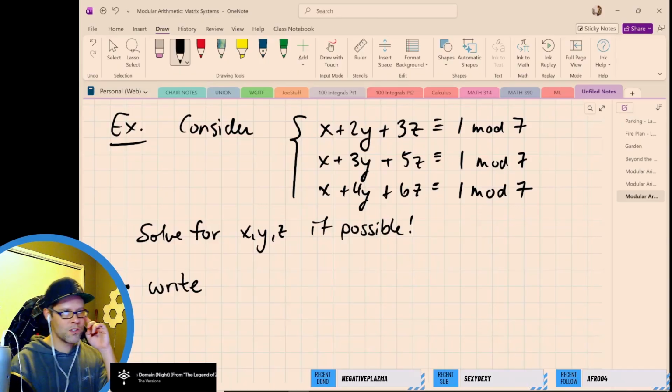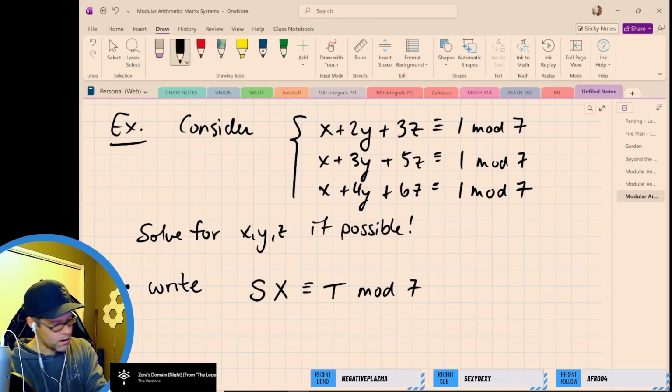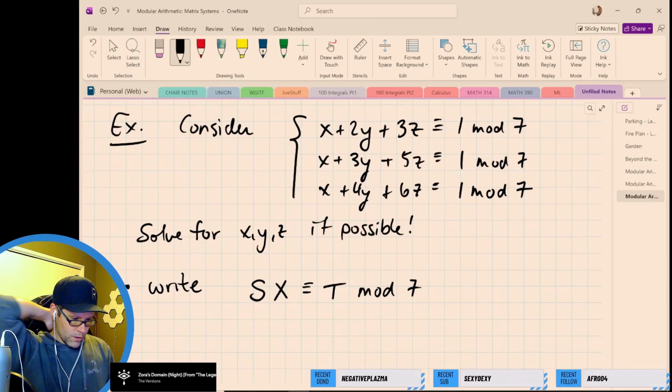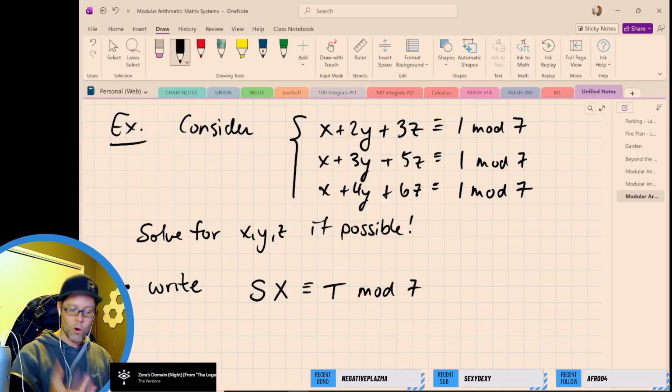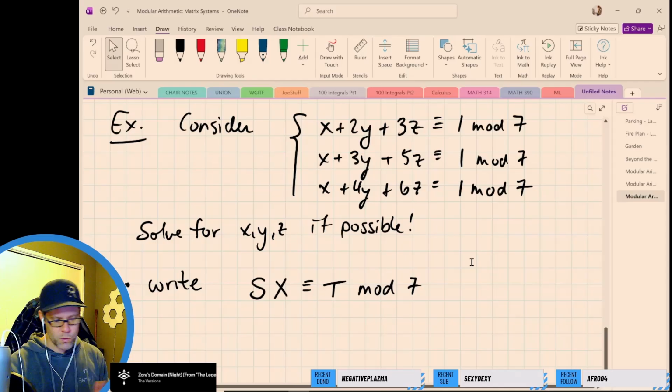First thing we want to do is just get this set up in matrix form. So what we want is SX congruent to T mod 7, in our case mod M. So I need to do a multiplication, and I need to have the coefficient vector over on the right-hand side. It's the same setup as what we had before.